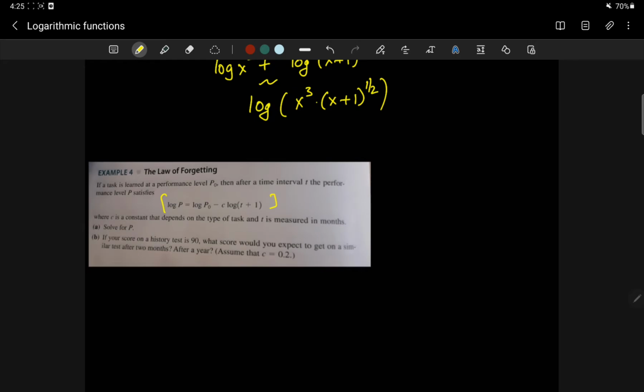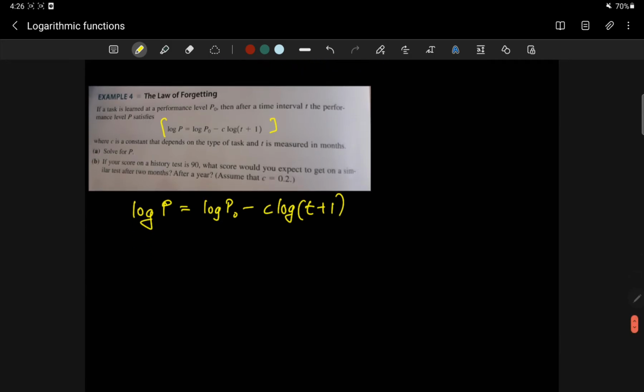It says solve for P. So first of all, let me rewrite. Log P is log P naught minus C log of T plus 1. Now to solve for P, I'm going to rewrite this by combining them. This is going to be log P naught minus log of T plus 1 to the power C, because the C jumps over here.